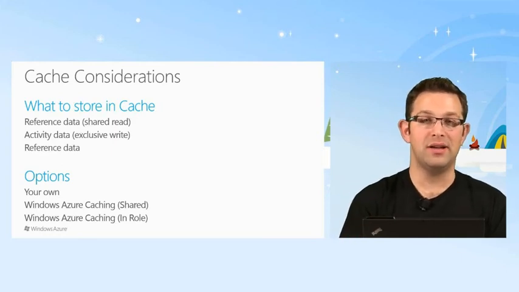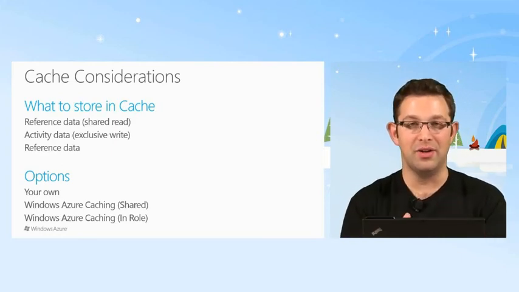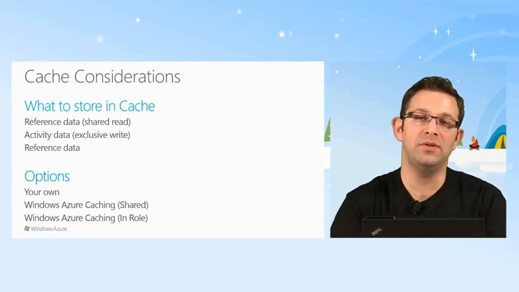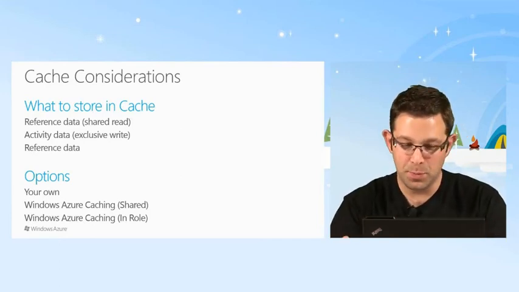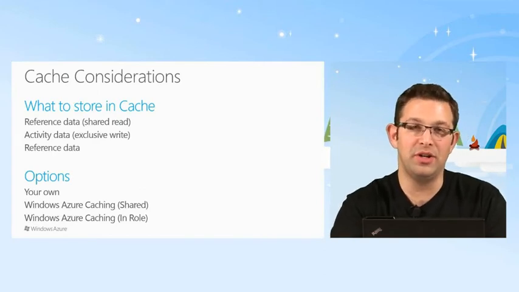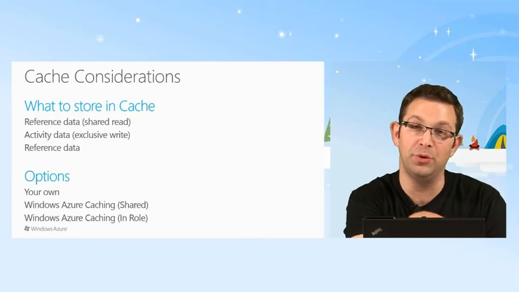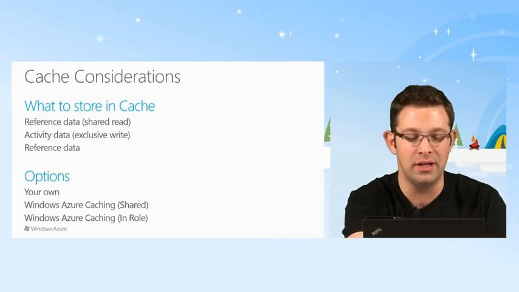The reason I say that is because the Windows Azure cache sits outside of your application, which means it's yet again one of those features that we manage for you. So that's one less piece of infrastructure that you're worrying about. You can just read and write as you need.